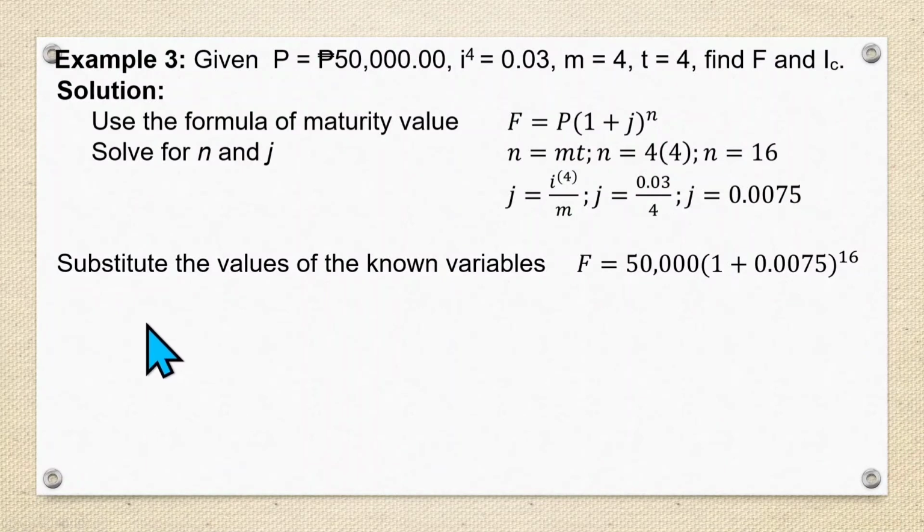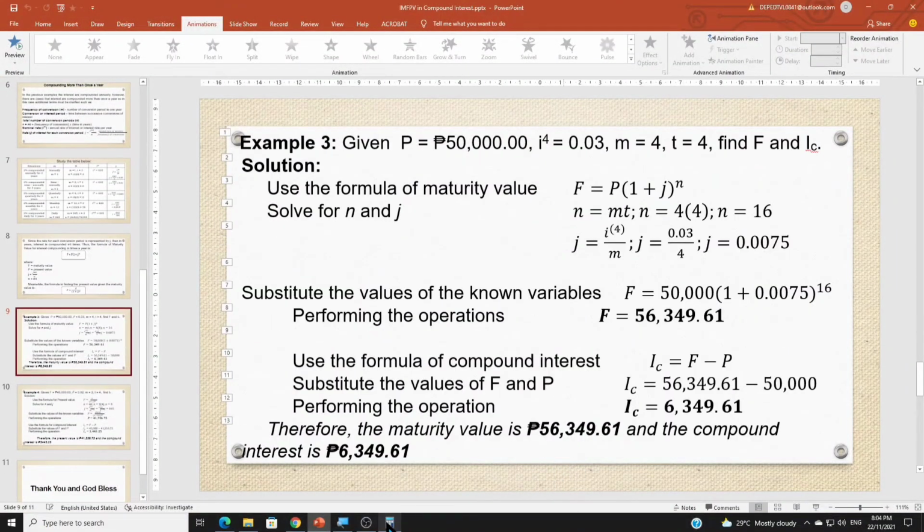Okay? And then use again a calculator in computing 1.0075 raised to 16. It is mahirap computin mano-mano kapag ganito kalaki ang exponent. So we need to use a calculator.